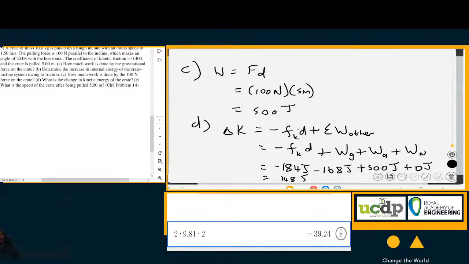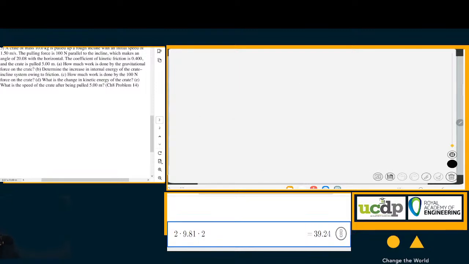Okay, and then the last question. What is the speed of the crate after being pulled 5 meters? Now we know delta K is equal to K final minus K initial.